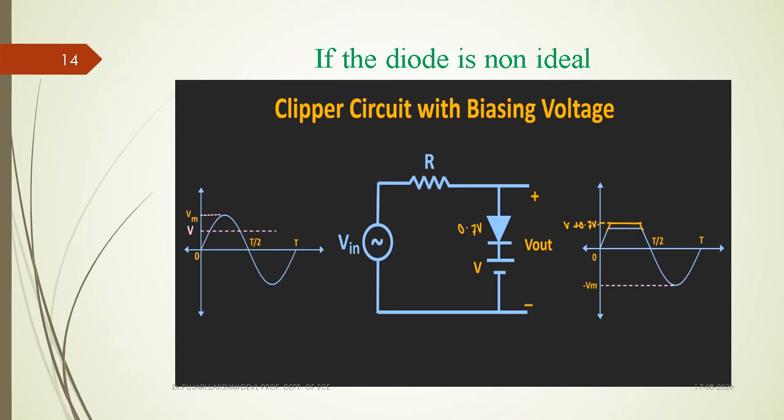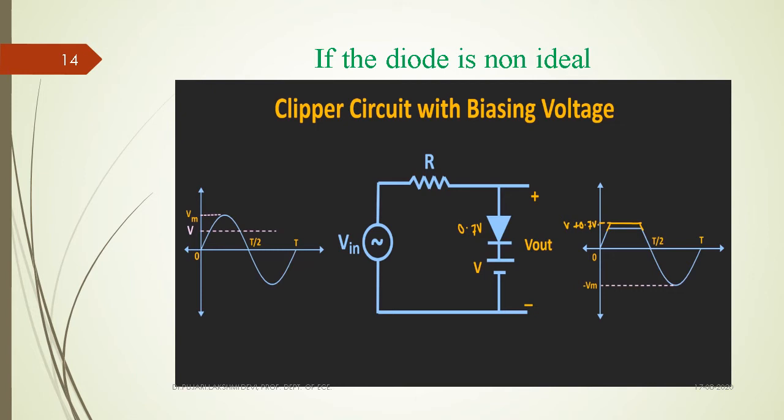In its forward bias, the drop across the diode is 0.7 volts. This is the only change compared to the ideal diode: instead of 5 volts, it shows 5.7 volts as a constant voltage while Vin is greater than 5 volts, and whenever it crosses this particular point, the diode automatically becomes open circuit.